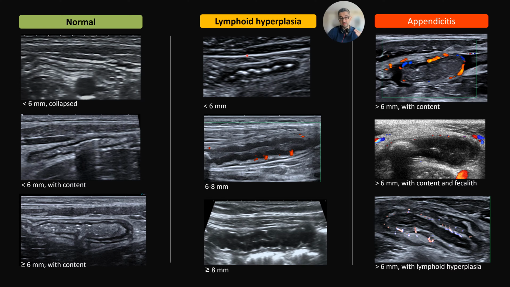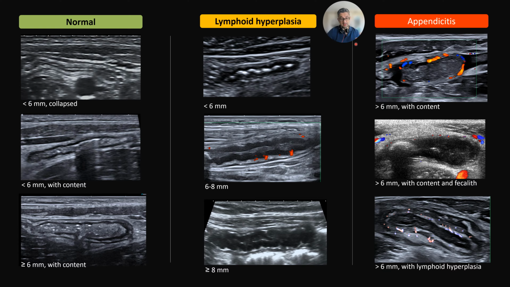When there is lymphoid hyperplasia, we see thickening of the lamina propria, which is the inner hypoechoic layer. Lamina propria thickens, but the appendix is still under 6 millimeters. Then the appendix can be larger, between 6 and 8, and then the appendix can be over 8 millimeters. This is rare. These are more common. And then when there is appendicitis, the diameter of the appendix is always over 6 millimeters.